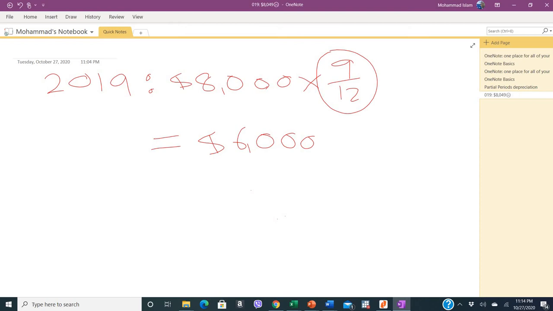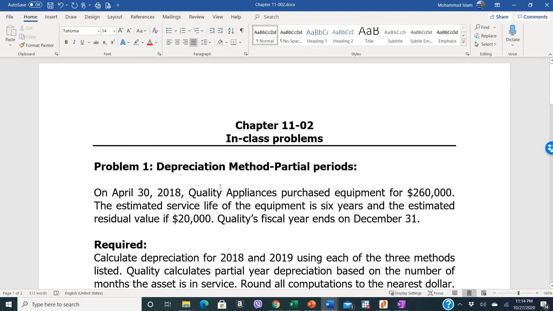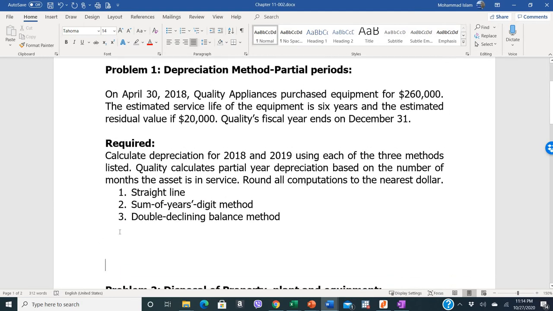Okay, now let's solve one problem. We have this problem in hand. On April 30, 2018, the company purchased equipment for 260,000. The estimated service life of the equipment is 6 years.